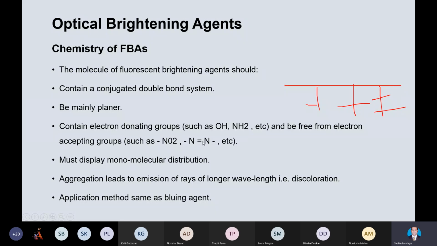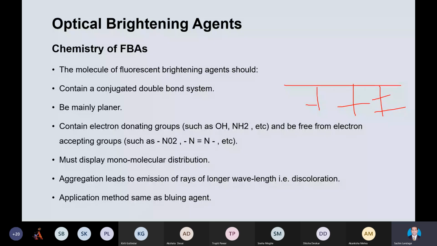So that whenever the UV light is absorbed, it is accepted by these groups, and the light released after absorption is donated by these groups. Then we get the absorption and the reflection. They must display monomolecular distribution, and aggregation leads to emission of the rays at a longer wavelength, which is a discoloration.